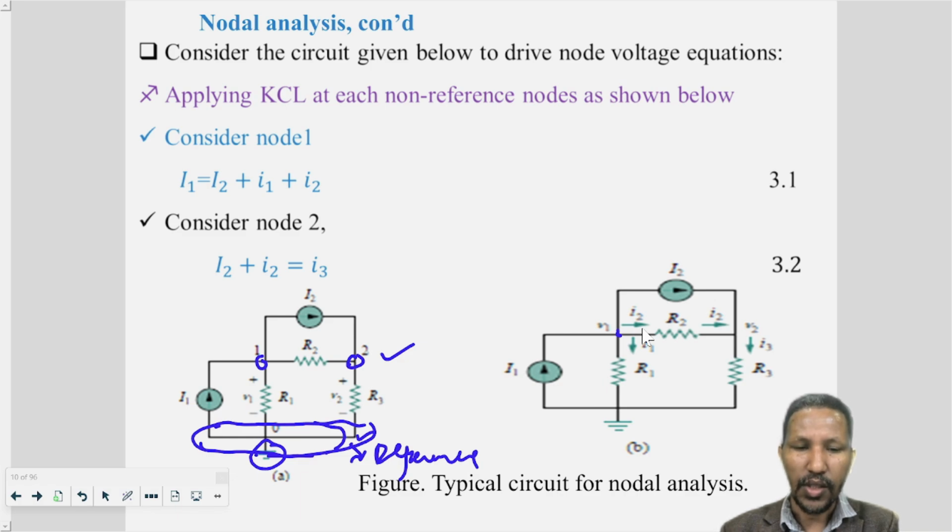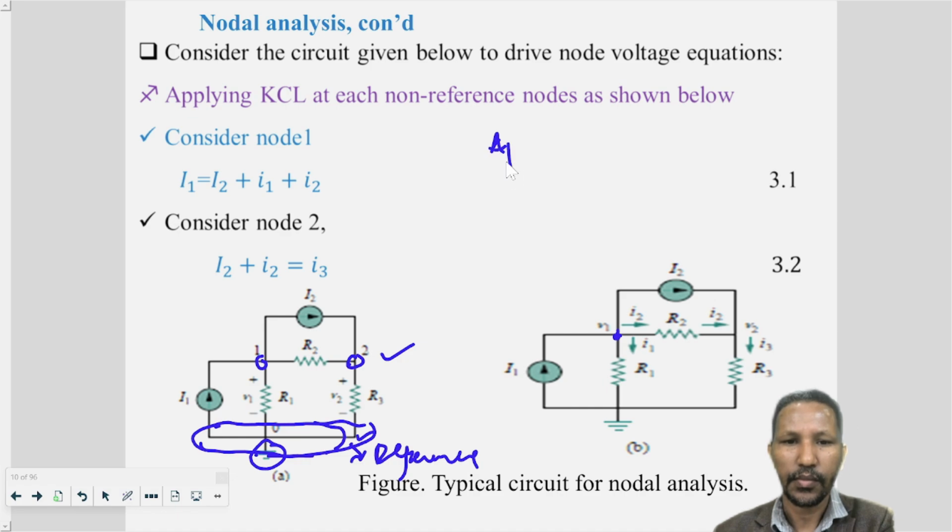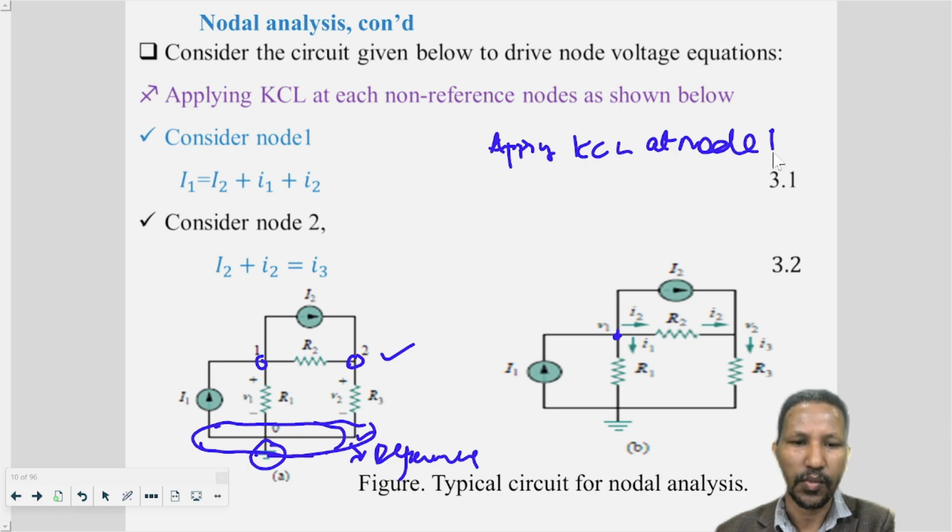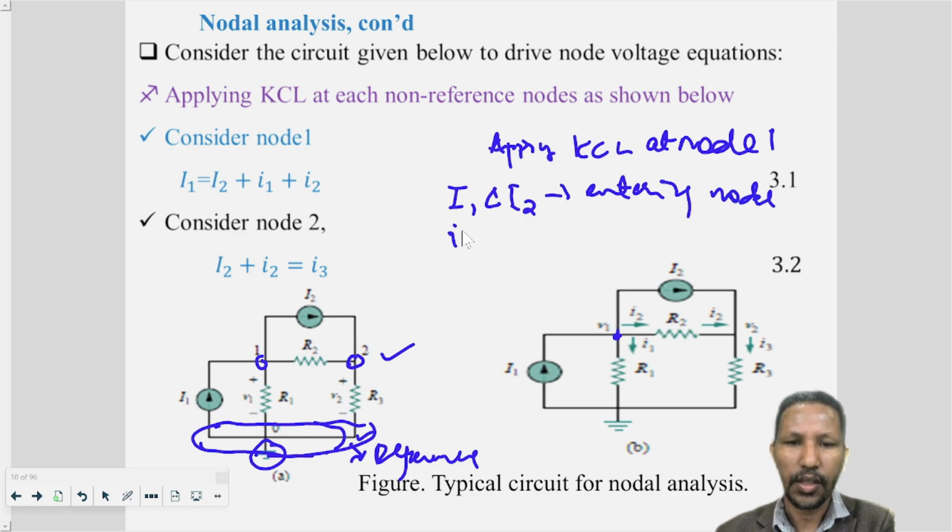So we can apply KCL at this point. Apply KCL at node 1. That means capital I1 and capital I2 are entering the node, and small I1 and small I2 are leaving the node.